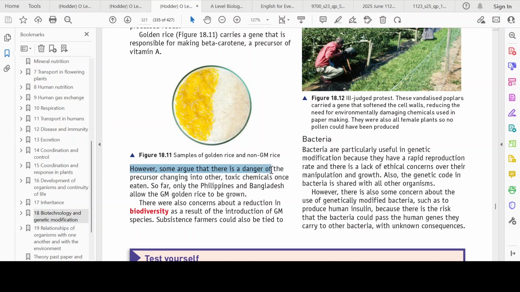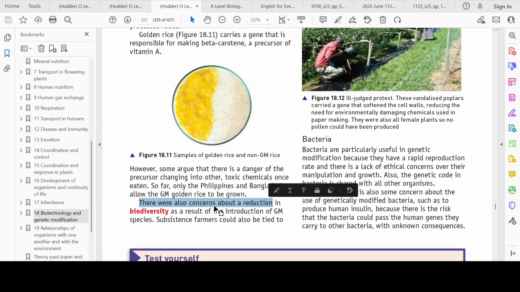Some argue that there's a danger of the beta carotene itself changing into other toxic chemicals once eaten. And that's why Philippines and Bangladesh are the only countries where this is used at the moment. So golden rice is called golden rice because it's actually yellow, as you can see over here. The white one is the regular rice.